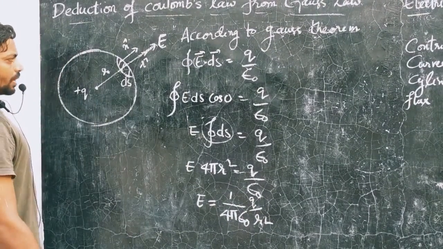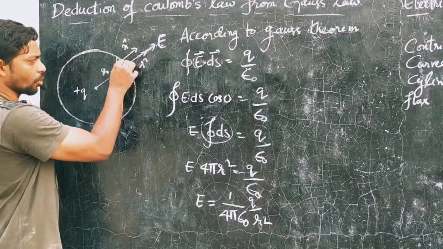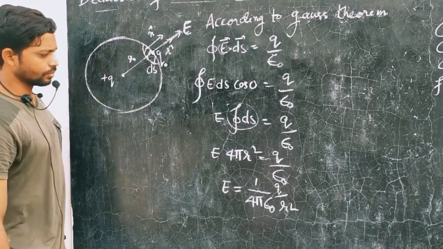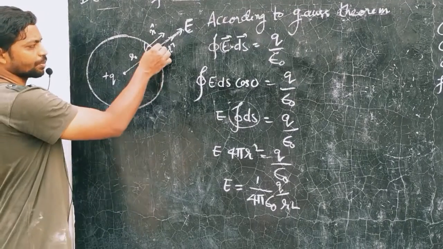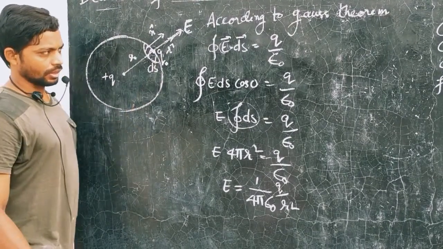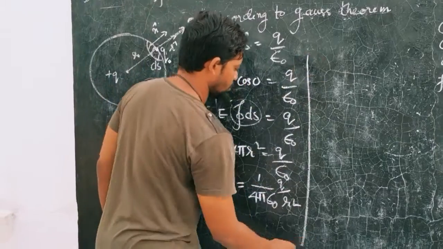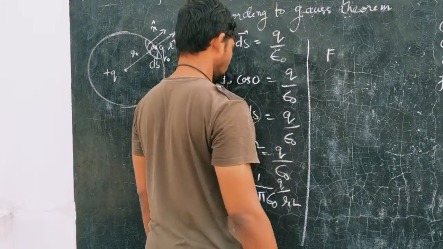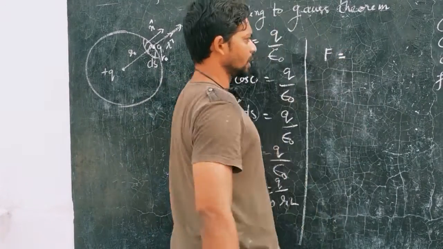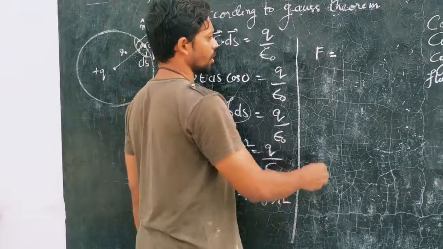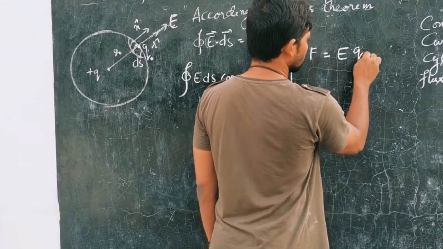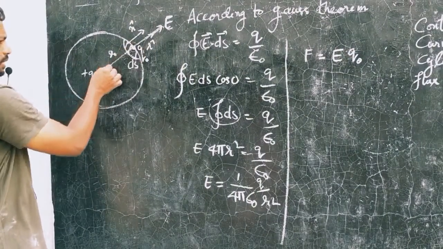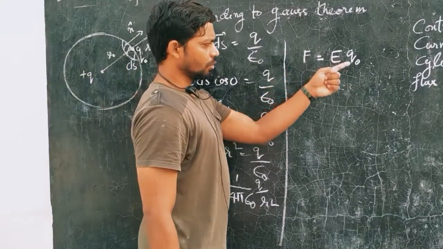Now let us say we place one more charge at this point P. Let us say we place a charge q naught. Then what is the force experienced by this? We know that the force experienced by this charge placed at a distance r is given by E q naught.